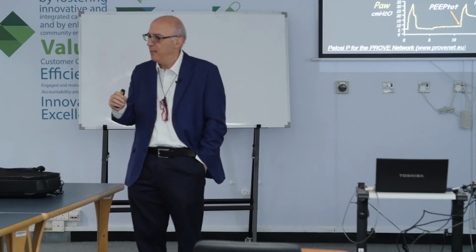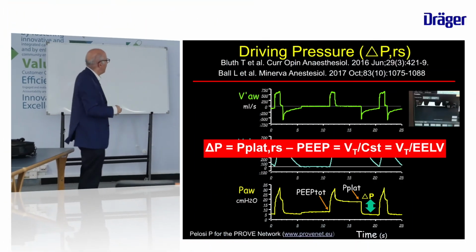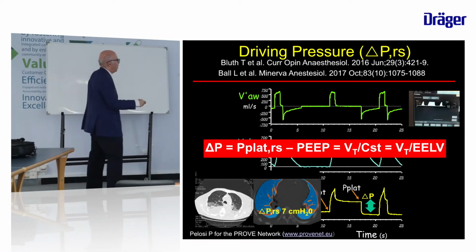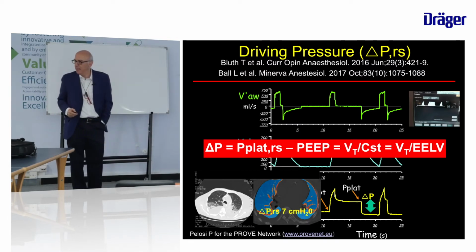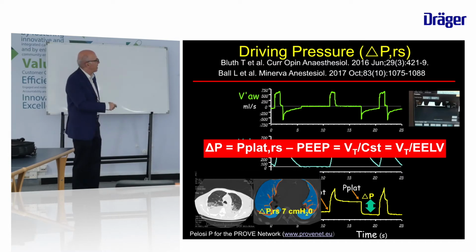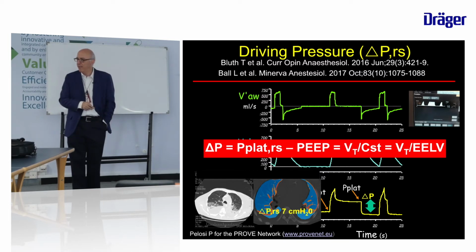Are you following me? Imagine that you have a lung with more aeration, full of air, and you are ventilating with 500 milliliters, and imagine that you have a driving pressure of 7 centimeters of water. This is representative of the strain, because this is the pressure to deliver a tidal volume within a certain amount of gas, of aeration.